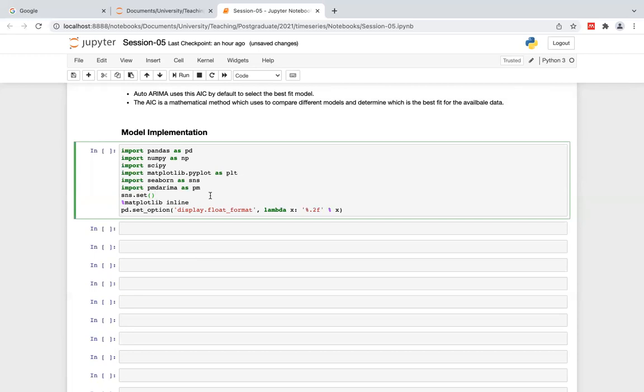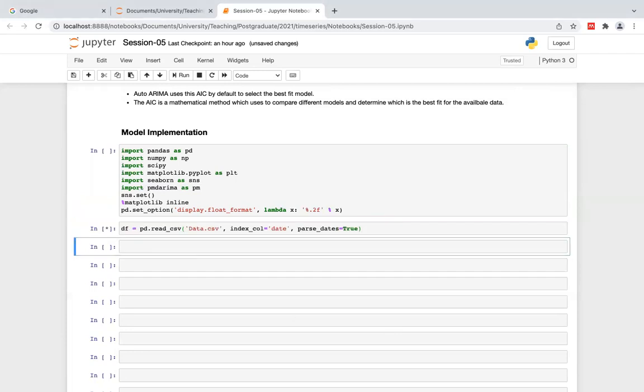This pmdarima, and I import it as pm, right? All the others we have discussed previously as well. Then the usual way, I import my previous same data set, the same data set I'm importing.